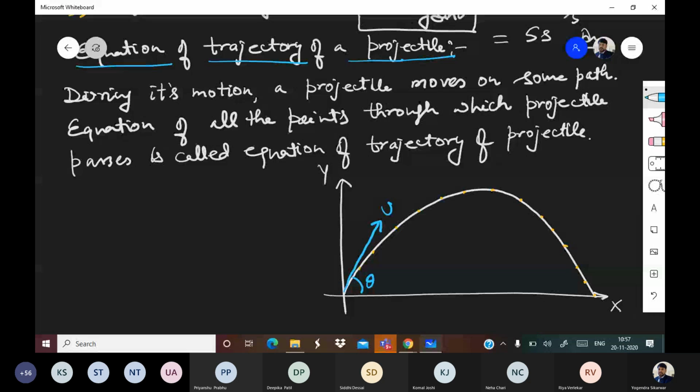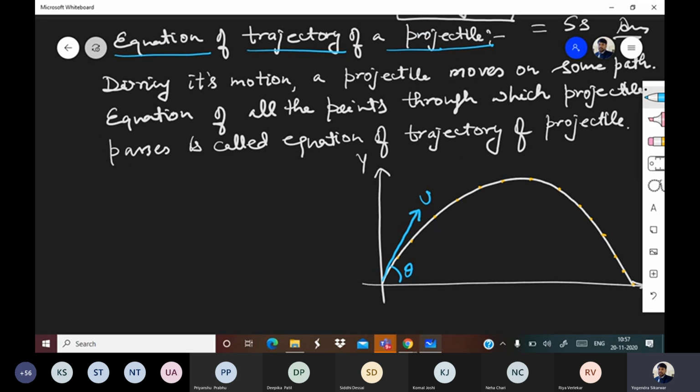Okay, so how to calculate that? It is also quite easy because we have done half of the part in the previous part.